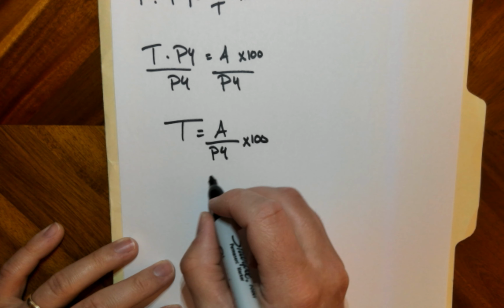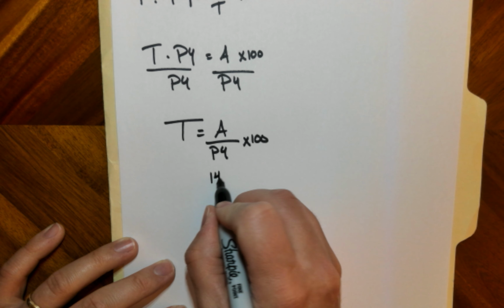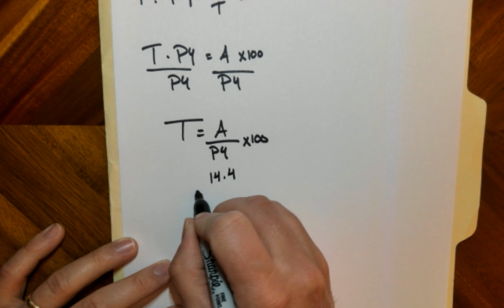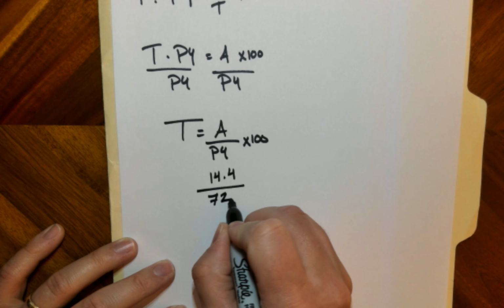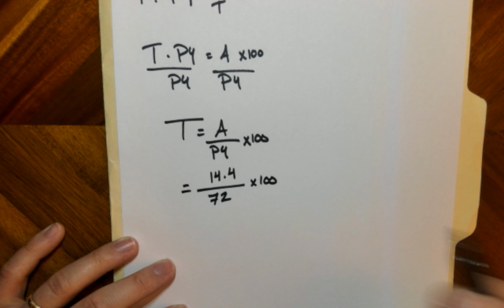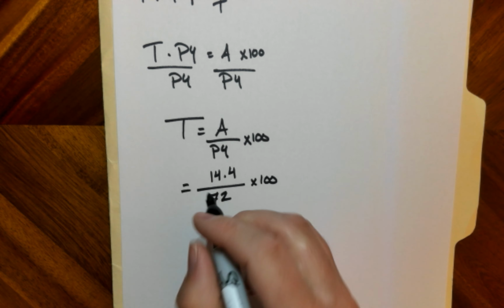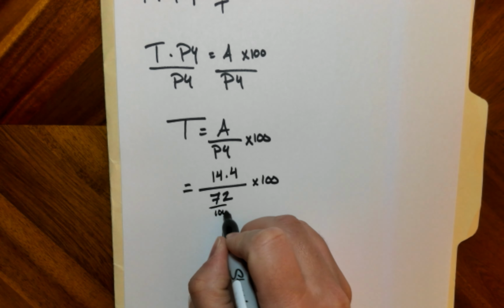So, just fill everything in. We have 14.4 over 72 times 100. So this is 72 over 100, because it's a percent.